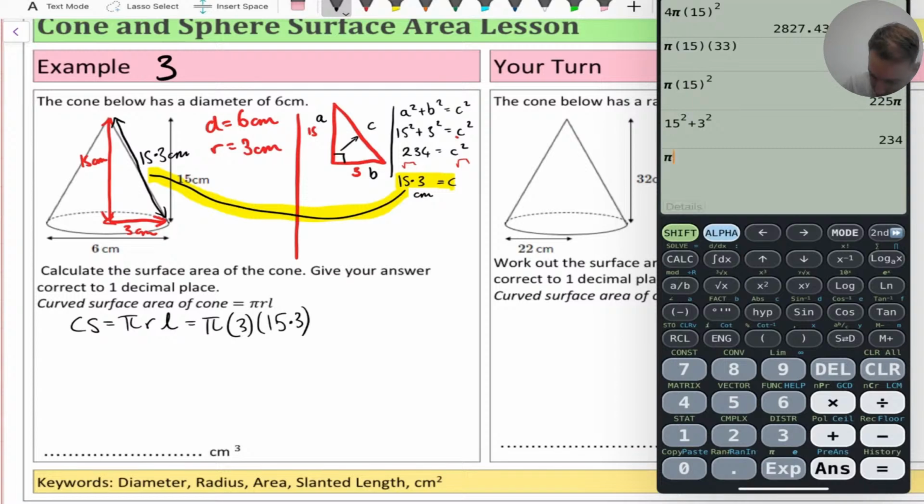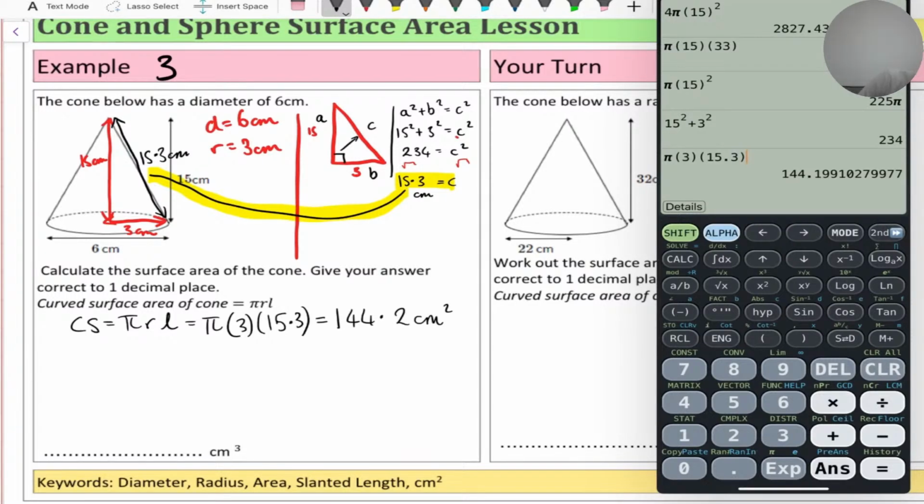So shift pi times by 3 times by 15.3 is equal to 144.2 centimetres squared. Now that's for the curved part, the top curved part.